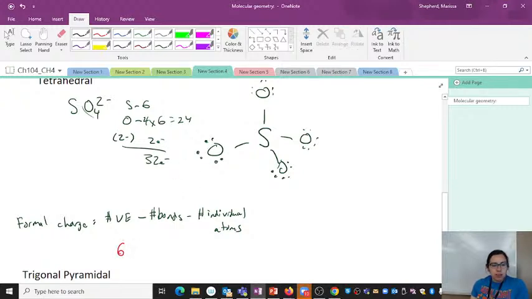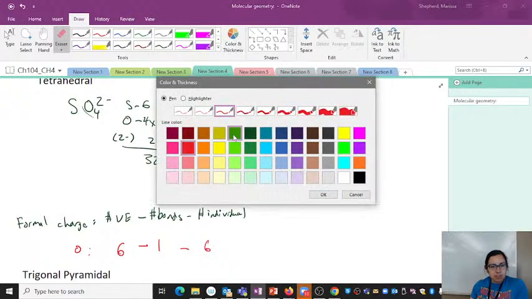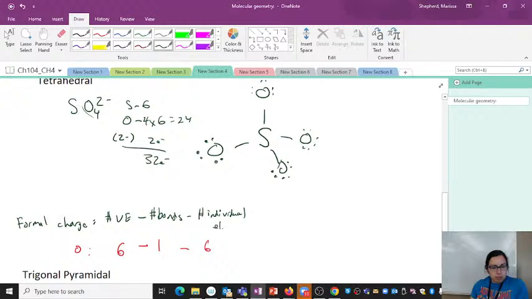So we have 6, again, just from the periodic table. So oxygen has 6 valence electrons, minus 1 bond, and then minus, they all have 6 electrons. I apologize, I didn't mean to say atoms, I should have said electrons. So counting up those electrons, this gives us a -1 formal charge. So we'd have a -1 charge for all our oxygens.